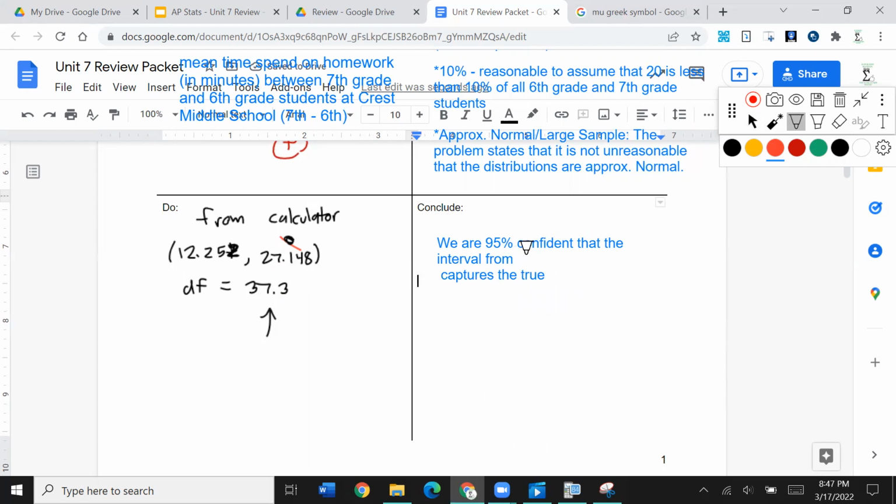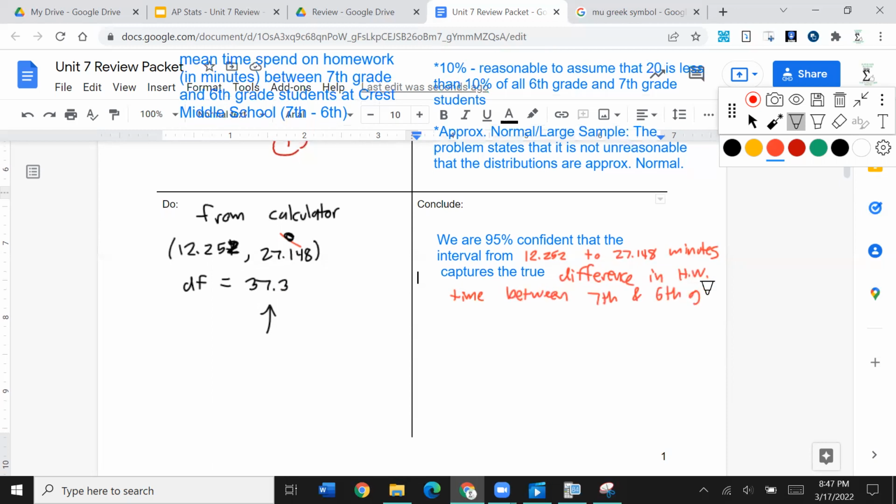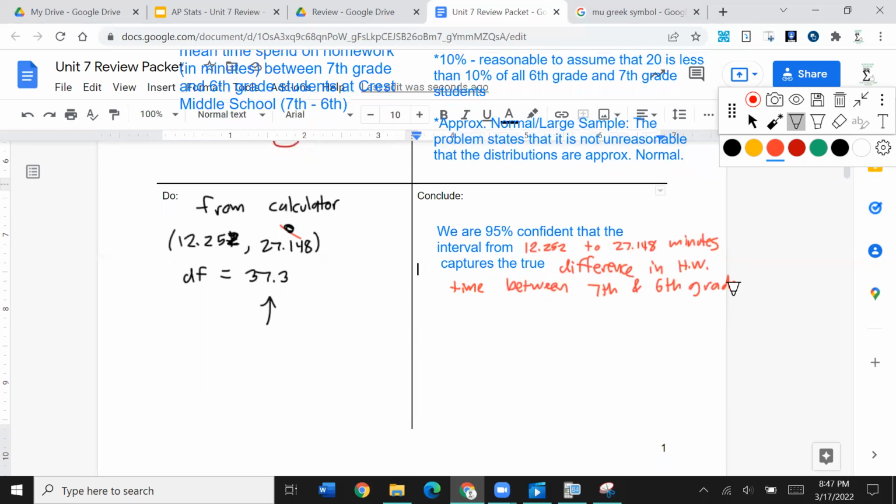We're 95% confident that the interval from 12.252 to 27.148 minutes captures the true difference in homework time between 7th and 6th grade students at Crest Middle School. And we were done.